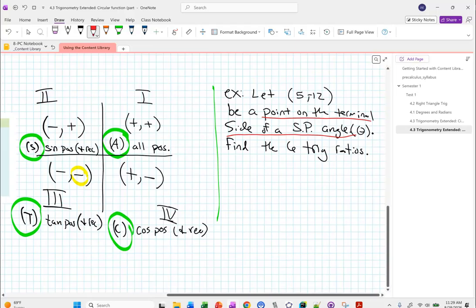Because we're talking about a point on the terminal side of a standard position angle, we're going to be using those new definitions, right? y over r, x over r, etc. So the first thing I'm going to do is find r.